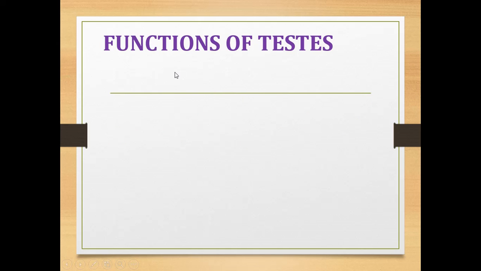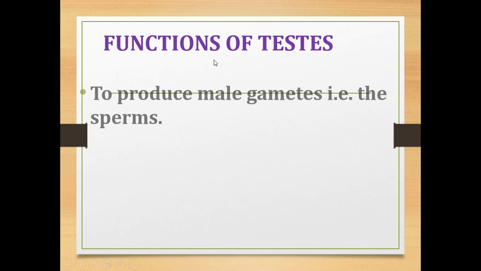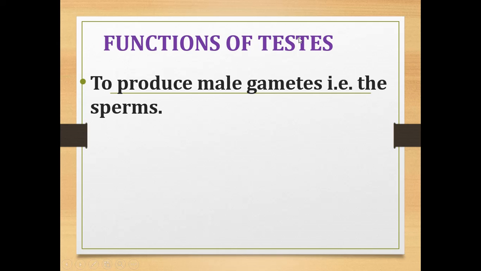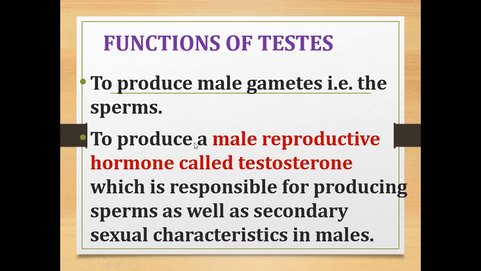Now we can see the functions of the reproductive organs in males. What is the function of the testes? To produce male gametes, that is sperms. The testes produce the male gamete called sperm.